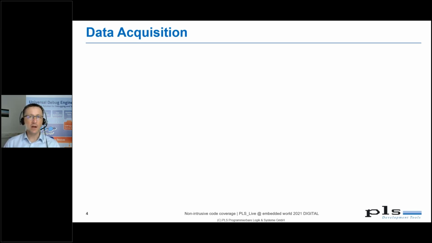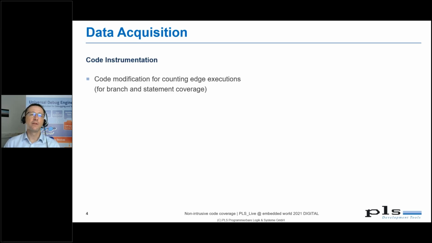So basically, there are two ways to do that. The first way is we can instrument the code. So the executed code itself observes all the edges that are triggered by the test cases.